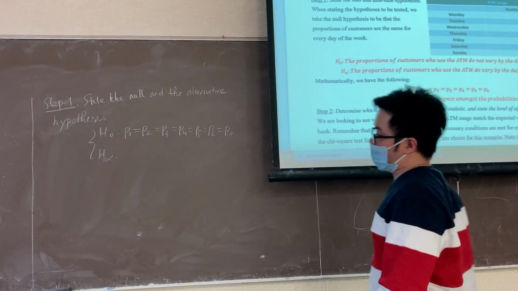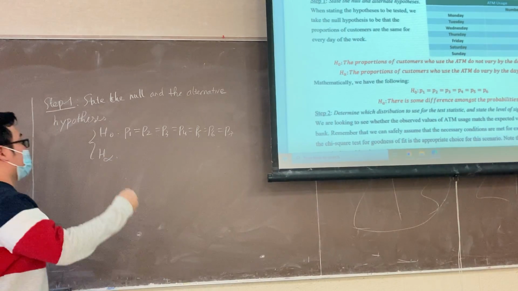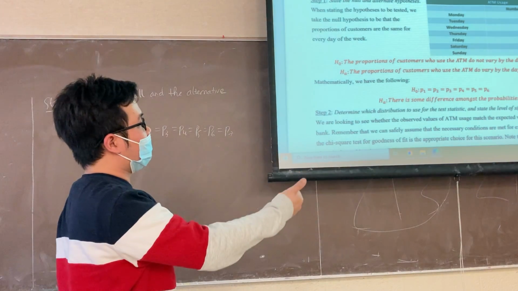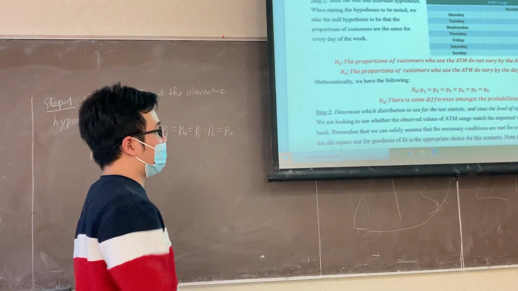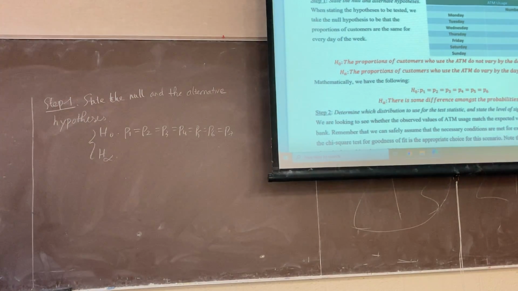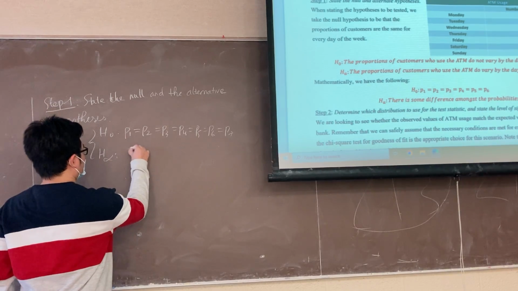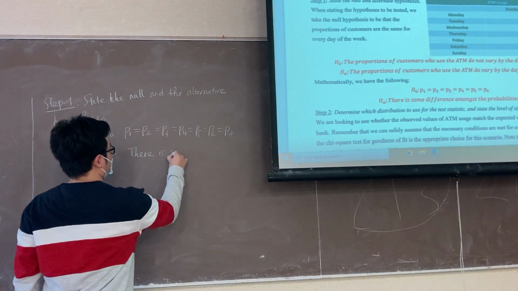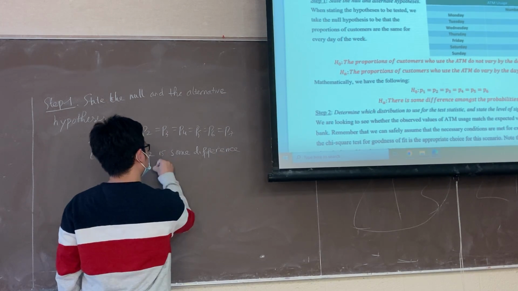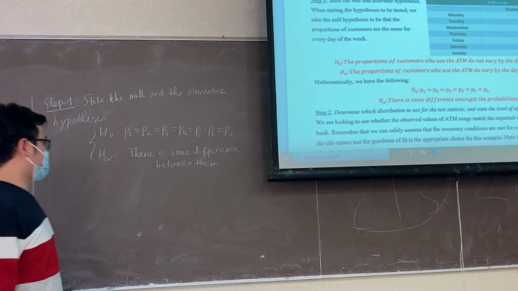So the probability of going on Monday is equal to the probability of going on Tuesday, something like this. And the alternative hypothesis is that there is some difference between them. So we don't need to write this.